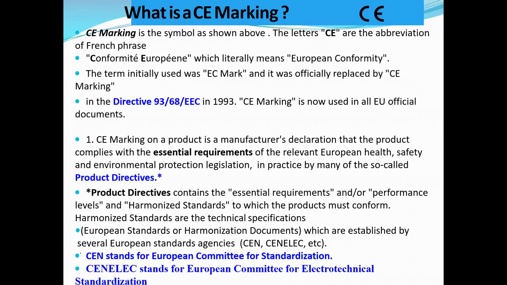Harmonized standards are the technical specifications, that is European standards or harmonization documents, which are established by several European standard agencies. There are a couple of agencies existing in Europe, that is CEN, CENELEC, etc. CEN stands for European Committee for Standardization, whereas CENELEC stands for European Committee for Electrotechnical Standardization.